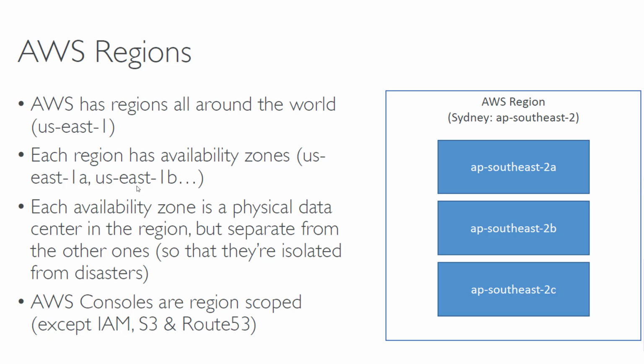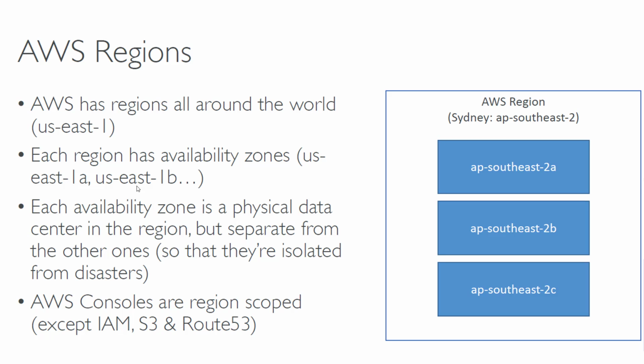This is why they have multiple availability zones in one single region. Each AWS region is basically built around a minimum of 3 data centers or availability zones, and that's the basis of how Amazon works. Each AWS console is region scoped, except for IAM and S3.